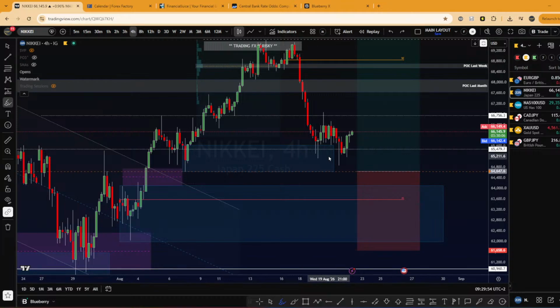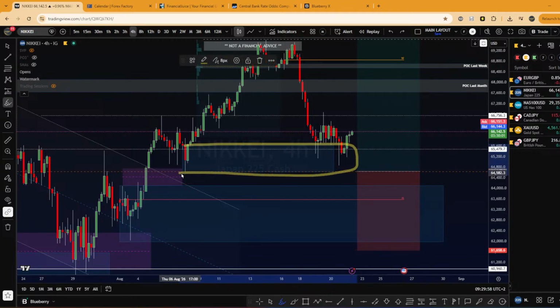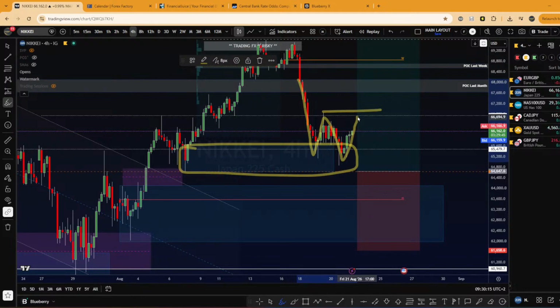But it's also interesting to see how this level is holding price right now. So I will not be surprised if we start to push from here. But what I need to see is just a confirmation that we break this previous high. You see, this is the structure. If we manage to break and close above, form another bullish order flow, then I will start to buy somewhere here.